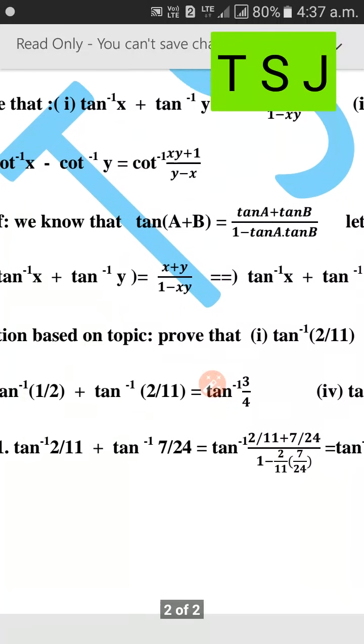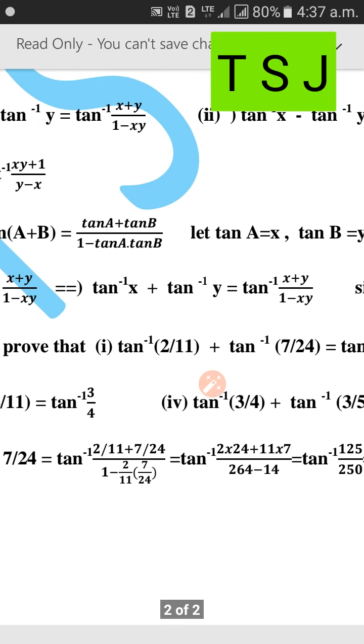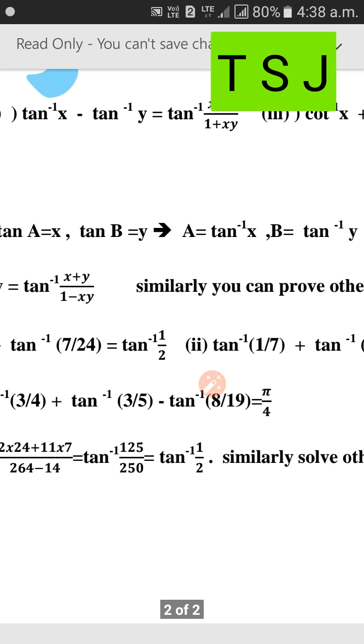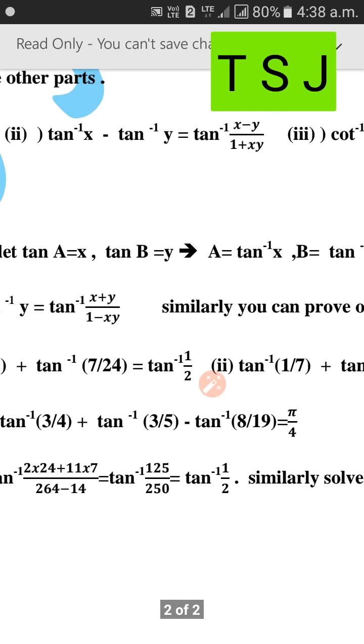Applying the formula tan inverse x plus tan inverse y equals tan inverse of x plus y upon 1 minus xy, in place of x write 2 upon 11 and in place of y write 7 upon 24. Take the LCM, simplify, and you will have tan inverse half. Similarly, you can solve the other parts also.